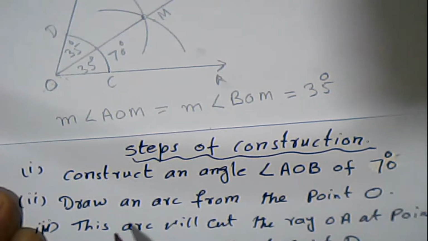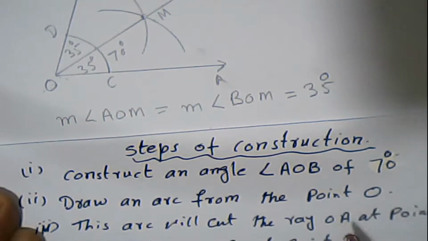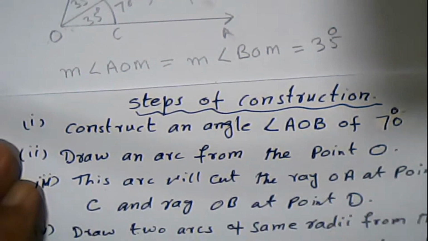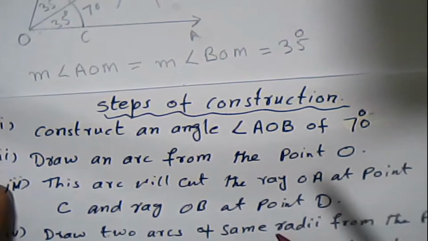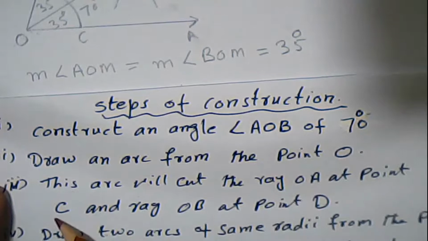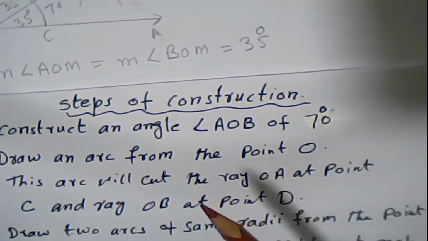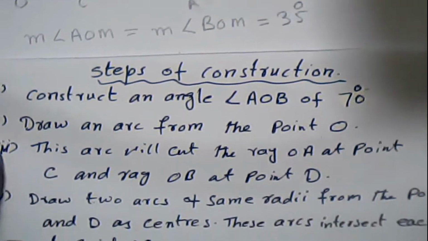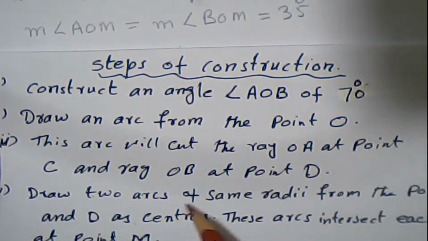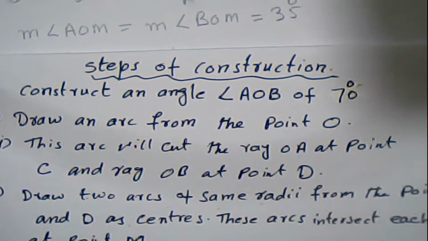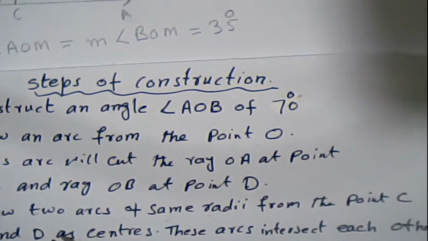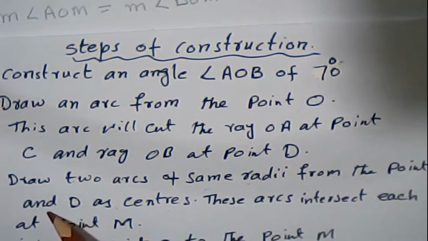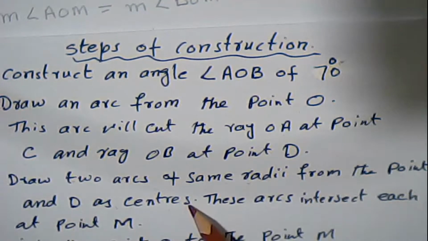Draw an arc from a point O. This arc will cut OA at a point C and OB at a point D. Draw two arcs of the same radii from the points C and D as centers.